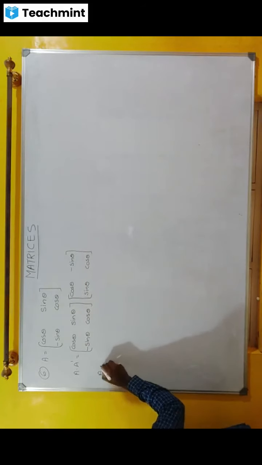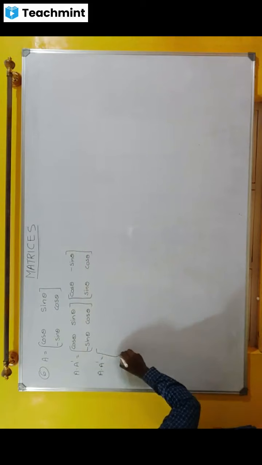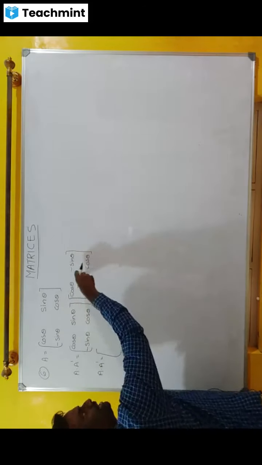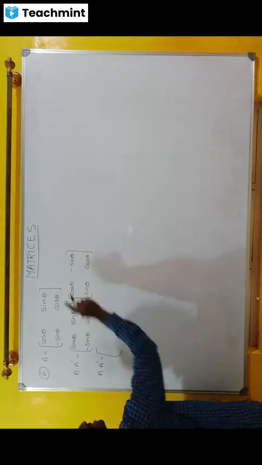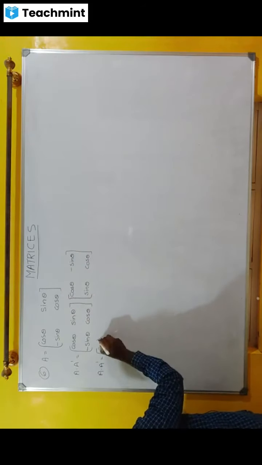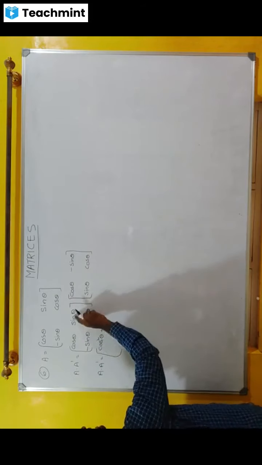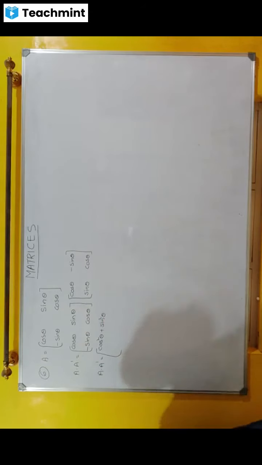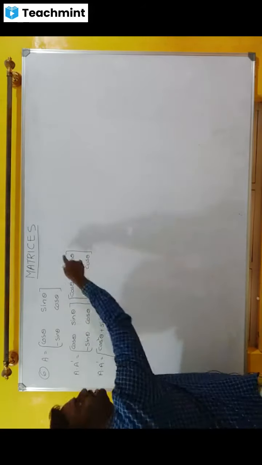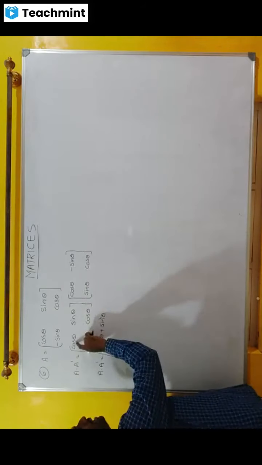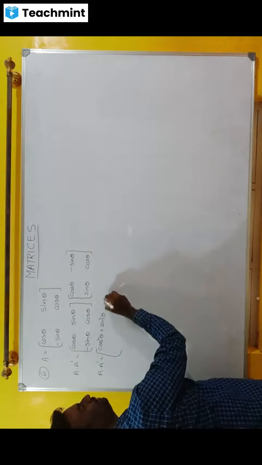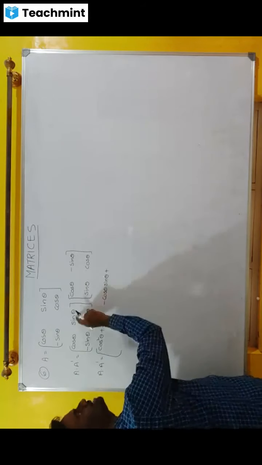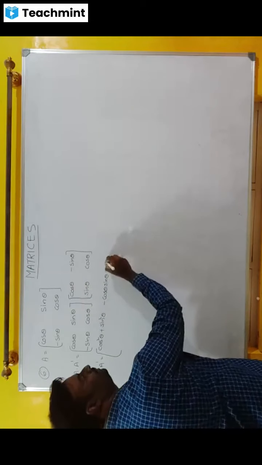So this multiplication we require. Then A into A dash is equal to, you know how to multiply two matrices. In the first matrix you need to take a row, in the second matrix you need to take a column. Cos into cos, cos square, plus sin into sin, sin square. Same row but the second column: cos theta into minus sin theta, minus cos theta sin theta, plus sin theta into cos theta.